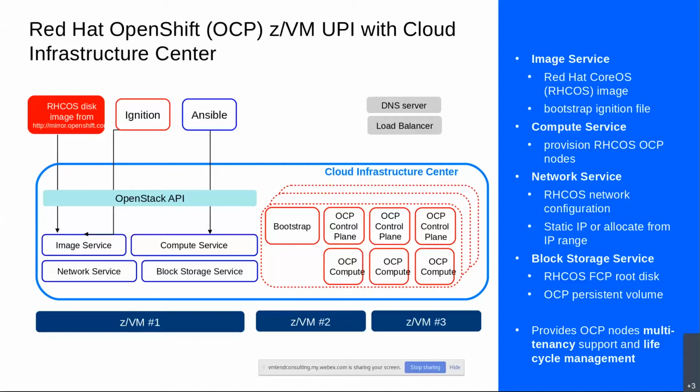It also provides compute service and network service, working together to automate all the steps of creating a Red Hat CoreOS virtual machine with a network interface configured. Cloud Infrastructure Center also provides block storage service to support booting Red Hat CoreOS from FCP SCSI disks.